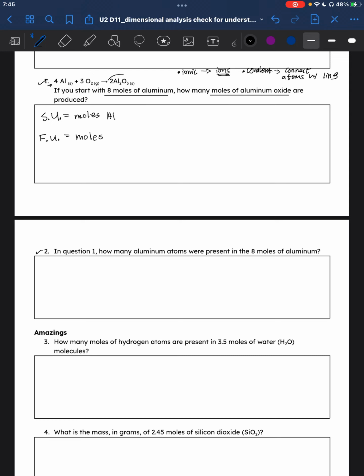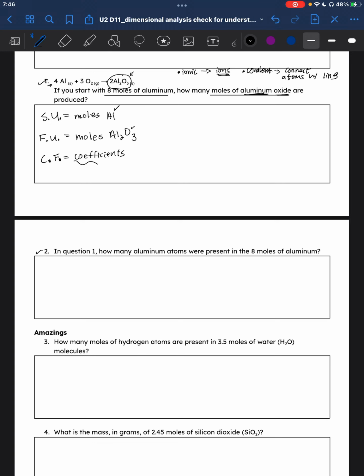I look at my reaction. I didn't even have to figure out aluminum oxide. It's a metal and a non-metal, so it makes an ionic bond. I could have formed the ions and gone to Al2O3, but I didn't even have to. They gave it to me, so moles of Al2O3. Now, my conversion factor to go from moles of one reactant or product to moles of another reactant or product is the coefficients.